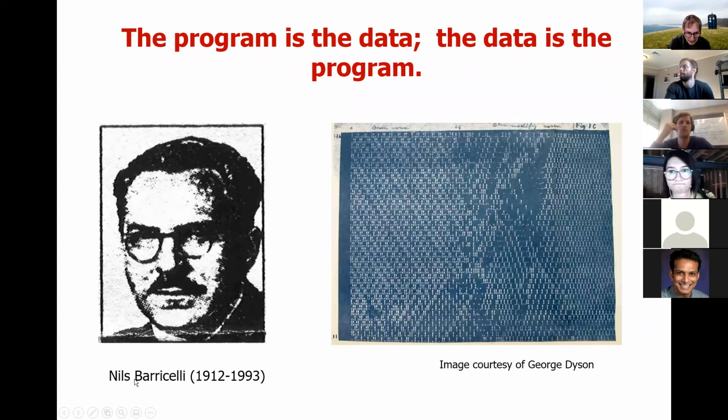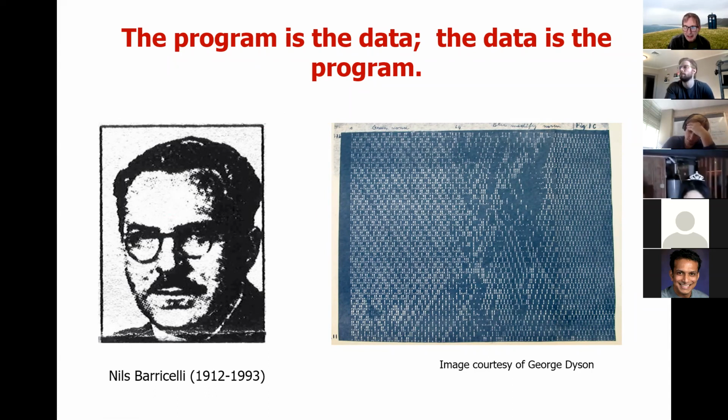So this guy here is Nils Barricelli. He was a scientist, I think a physicist, at the Institute for Advanced Study when von Neumann was building his machines. After they were done doing bomb calculations during the day, he would go in, and he had this idea that he could make computer viruses in this computer, things that would replicate, things that would have errors, things that could then have evolution.